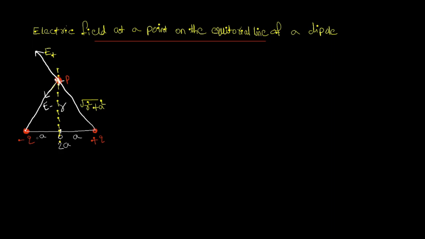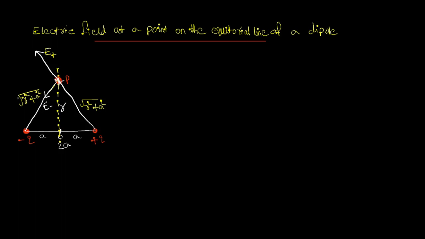Like that, the distance from negative charge Q to P is also root r square plus a square, because the distance from negative Q to O is a, and O to P is r. When we apply the Pythagoras theorem, the length of this hypotenuse is root r square plus a square.